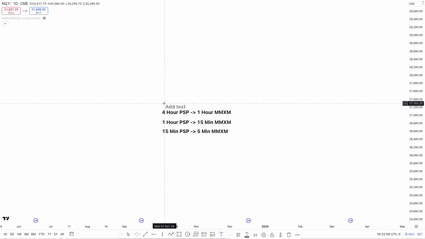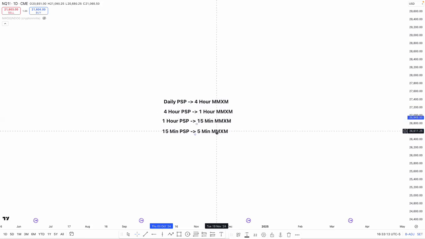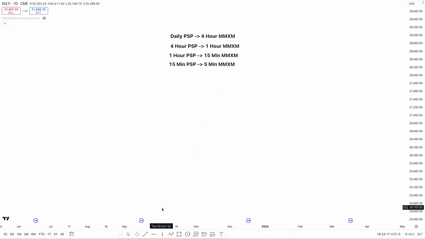You could have a daily precision swing point leading to a 4-hour market maker model. What this may look like is this.